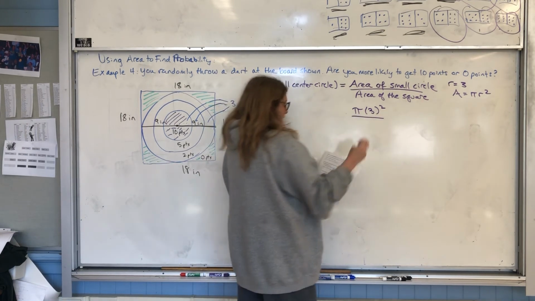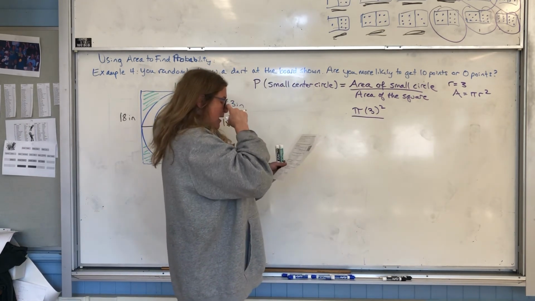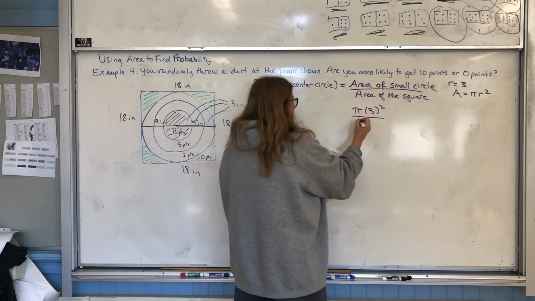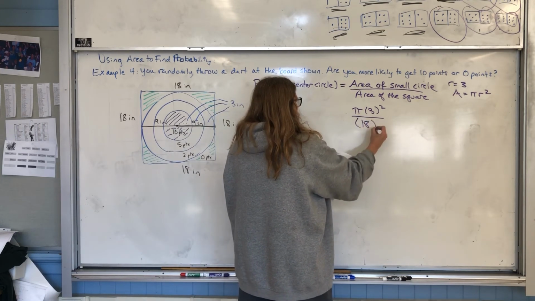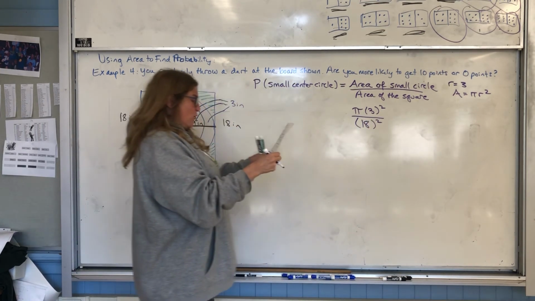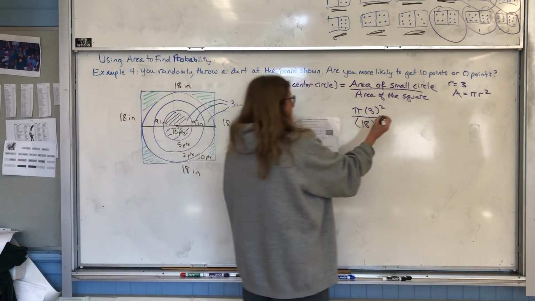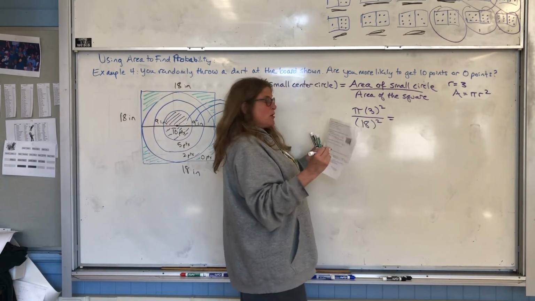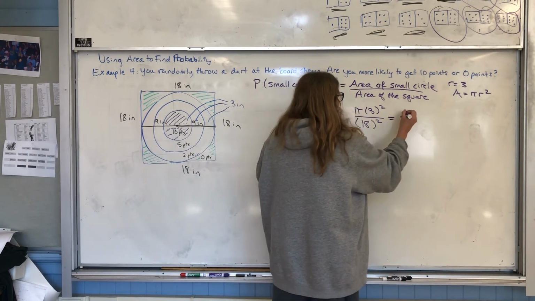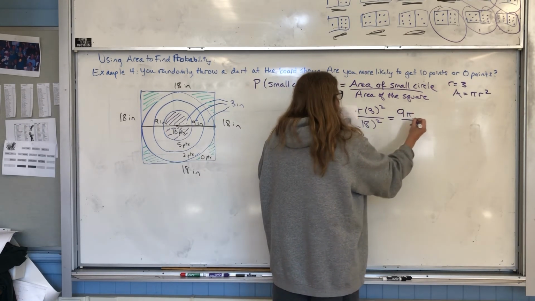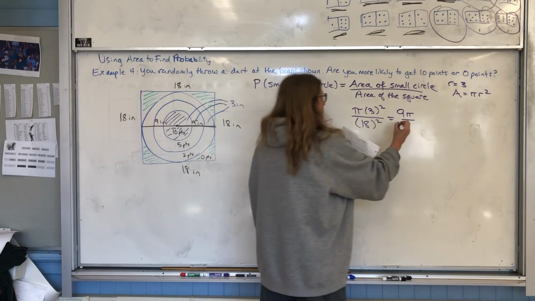And then the area of the square is 18 squared. So what is our probability of 10 points? The probability of the dart landing in the small circle is 9 pi divided by 18 squared, which is 324.